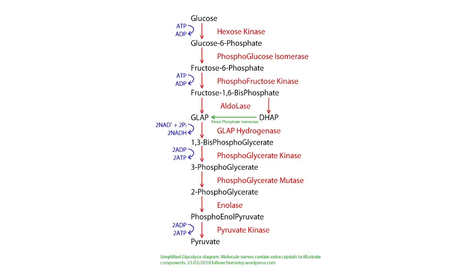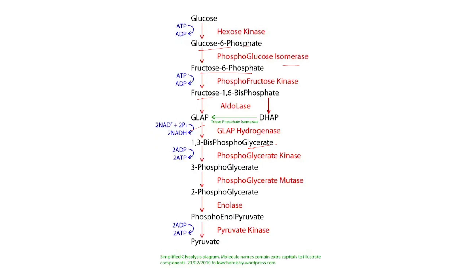So you can see here this glucose first gets converted to glucose 6 phosphate, and then glucose 6 phosphate gets converted to fructose 6 phosphate by phosphoglucose isomerase, and then phosphofructokinase converts ATP to ADP while converting this to fructose 1,6 bisphosphate. Aldolase converts this to GLAP, and then 1,3 bisphosphoglycerate.